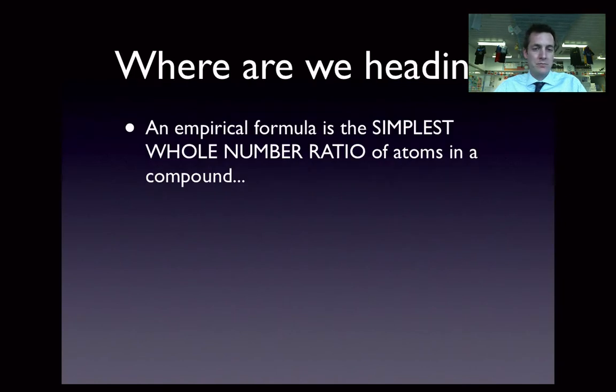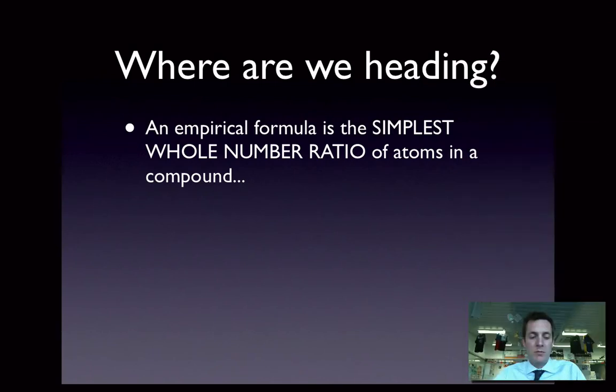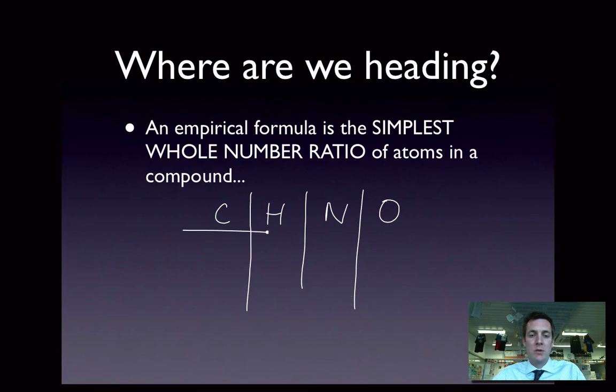Why are we trying to find the number of moles? Well, let's cast our mind back to what an empirical formula calculation looks like. Quite often you end up having a table that has your elements in it, and we know there are these 4 elements in this particular question. The first thing you're told, if you're starting from simple things, is the percentage or the mass of each element.